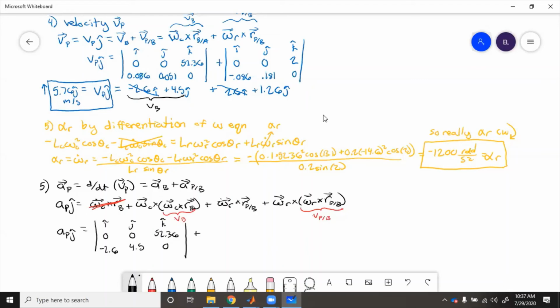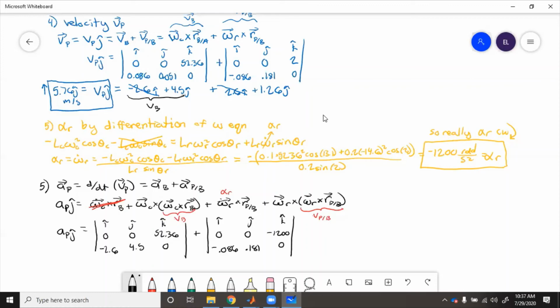Plus we have this cross product, omega R dot cross with RP with respect to B, but this is alpha R. So we have I, J, K, 0, 0, negative 1200, and then negative 0.086, 0.181, and 0. So we got RP with respect to B up earlier.